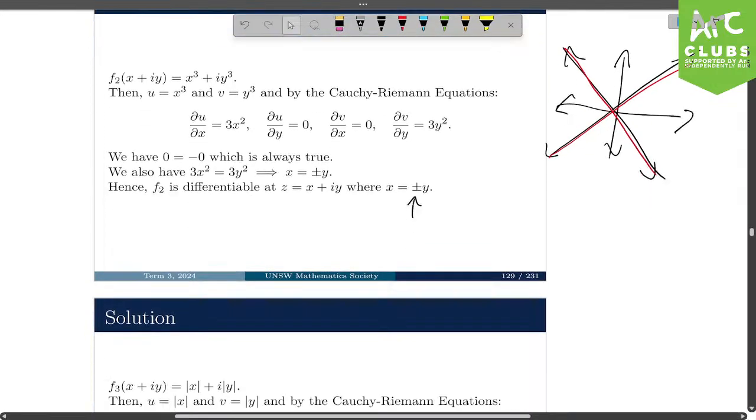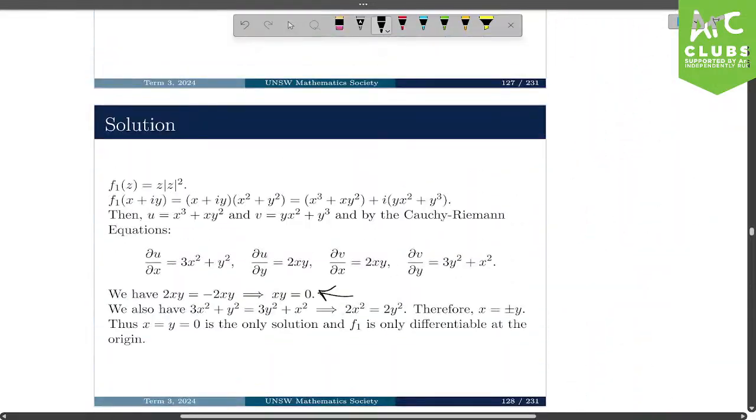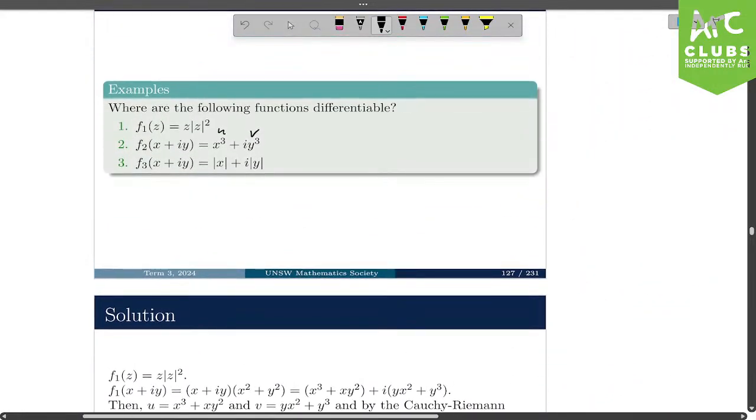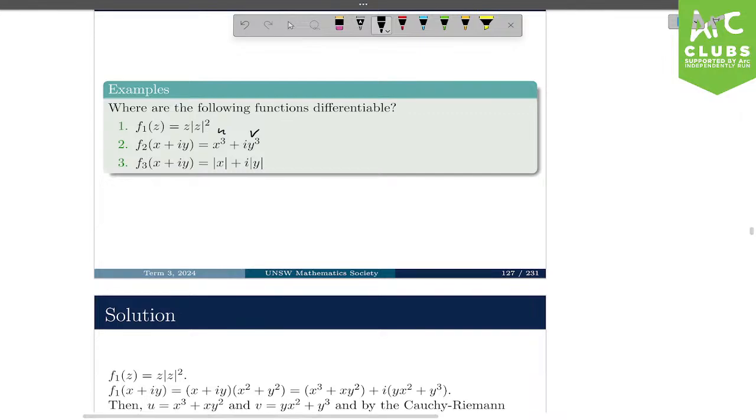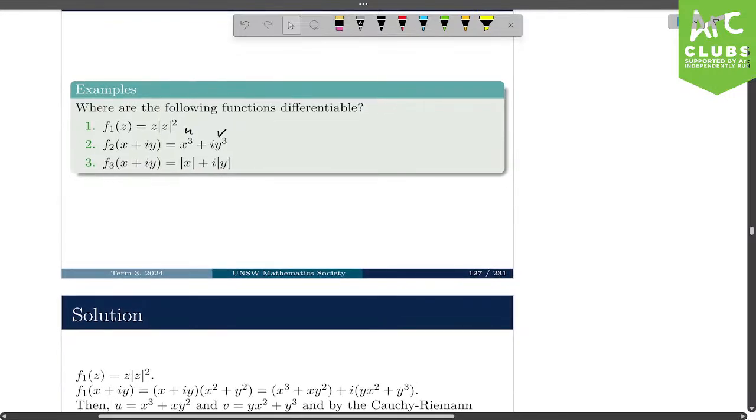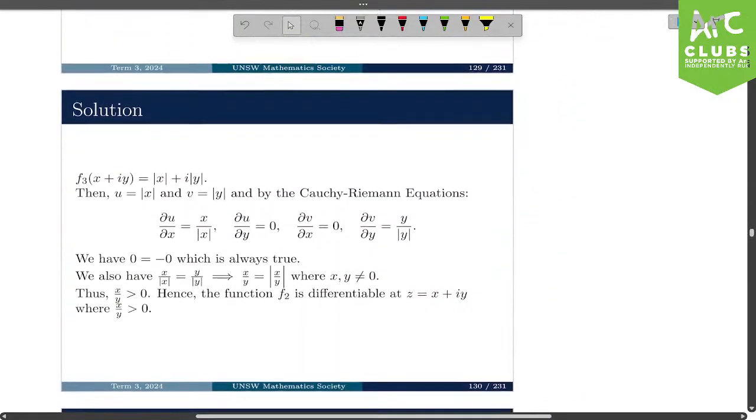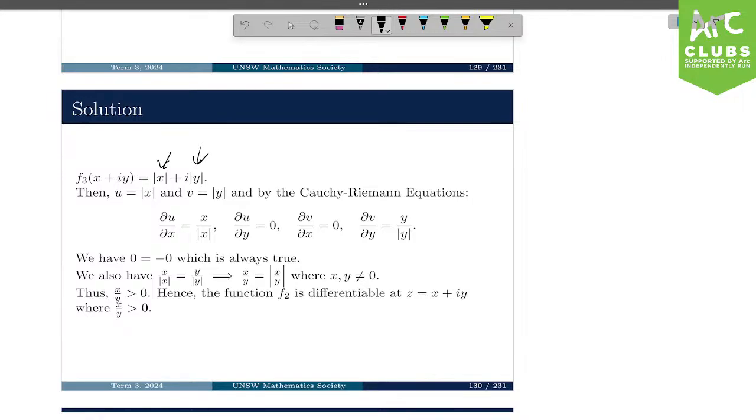All right, nice. And then finally, we have the function f(z) equal to the magnitude of x plus i times the magnitude of y. We can treat this case by case, saying that in certain regions this will work, and in others it won't. Usually we would make the derivative a piecewise function, where it's x over here and minus x over here.